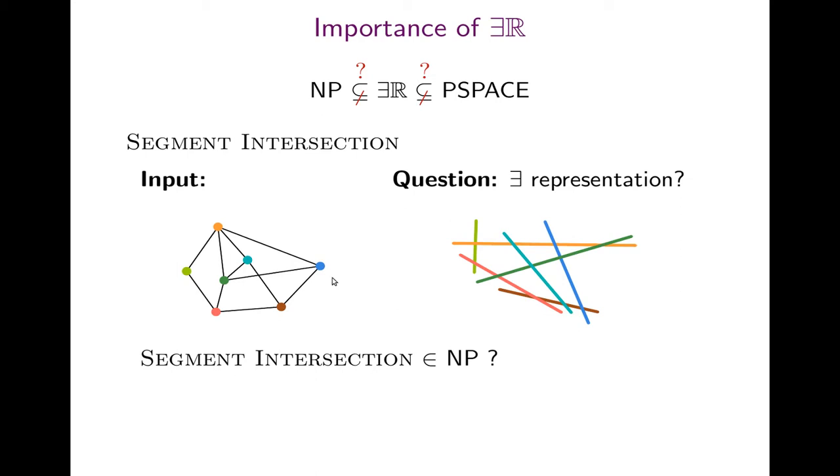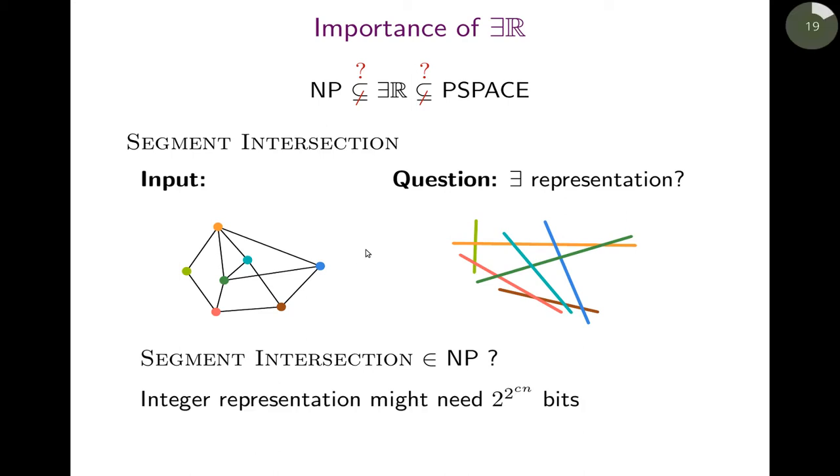So how would you maybe think this problem could be in NP? Well, you might want to just guess the coordinates of all those segments. And there is a simple argument that you can assume that all these coordinates can be represented by integers, but there's also an example which shows that the precision you need is 2 to the 2 to the cn bits.